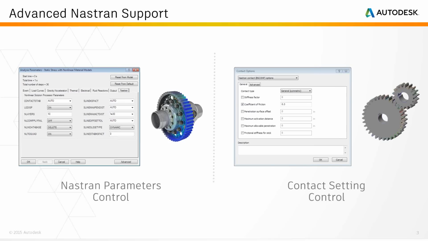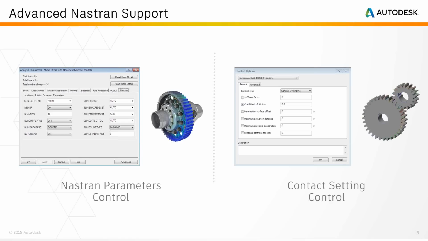With this dialog, you are able to control things like whether you want large displacements on or off, or different tolerances for different types of contact and stability factors. So basically, these are Nastran parameters that were already there, but we didn't have access to them through Simulation Mechanical, and now we do.